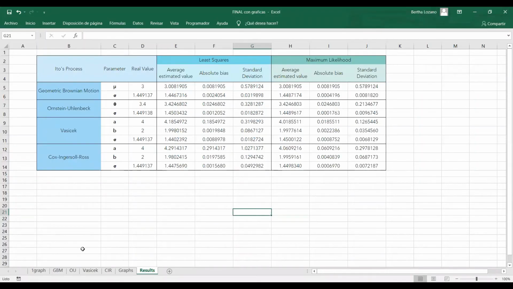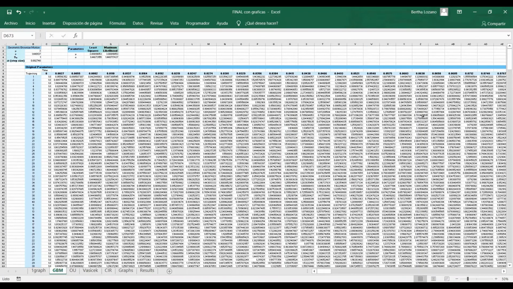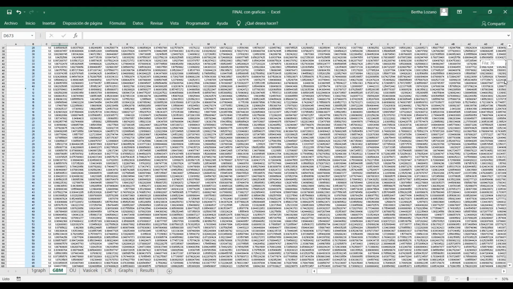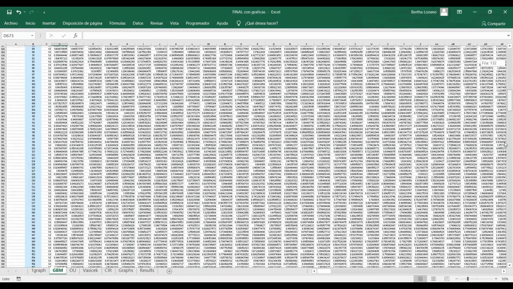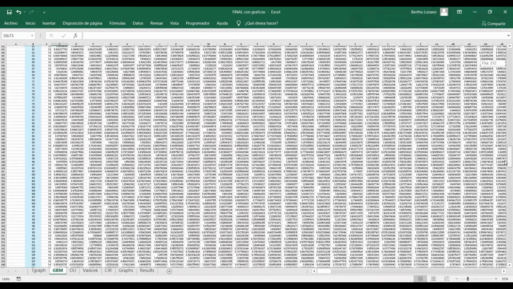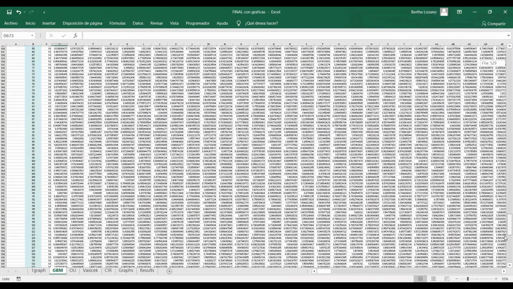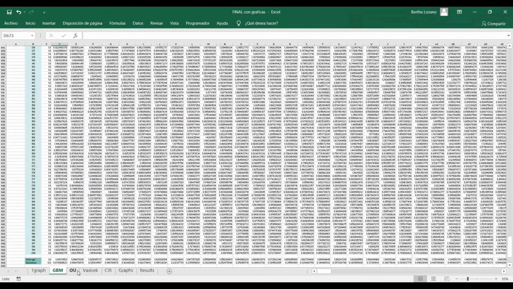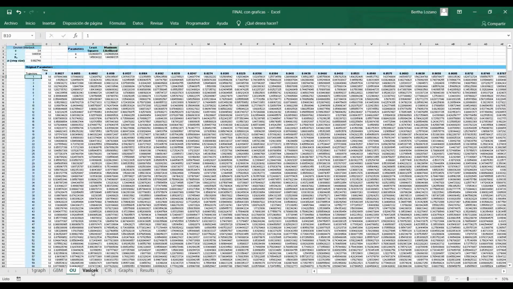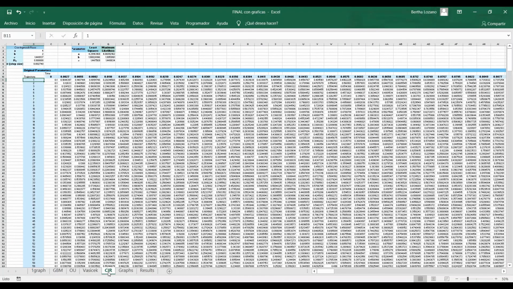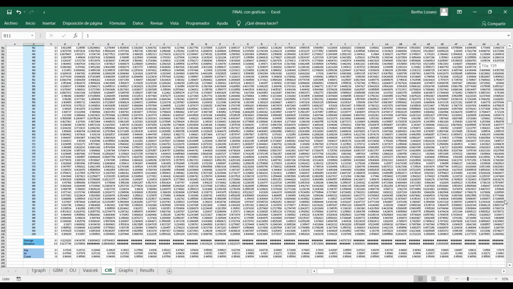So using these average estimated values, we generate 200 trajectories with the original parameters, including the average, the deviation, and the lower and upper bound, with the original least squares and likelihood parameters for all of our methods, for Ornstein-Uhlenbeck, Vasicek, and Cox-Ingersoll-Ross.